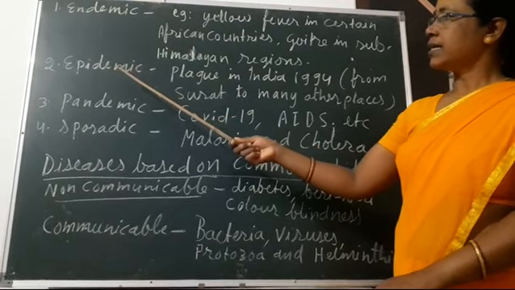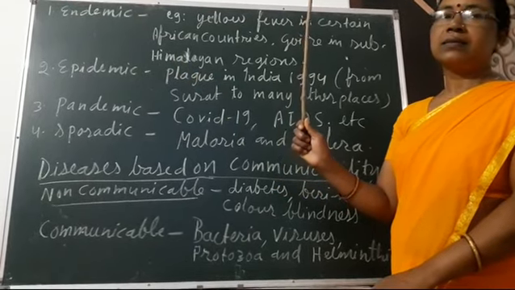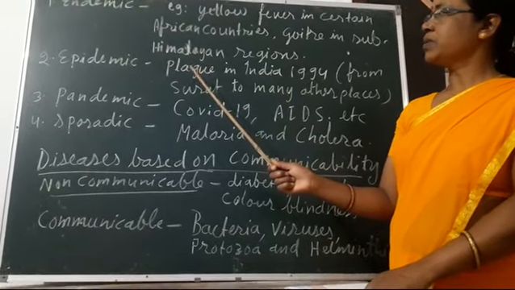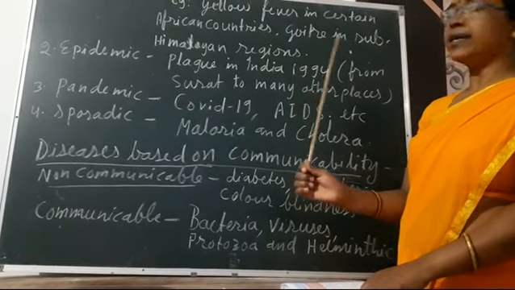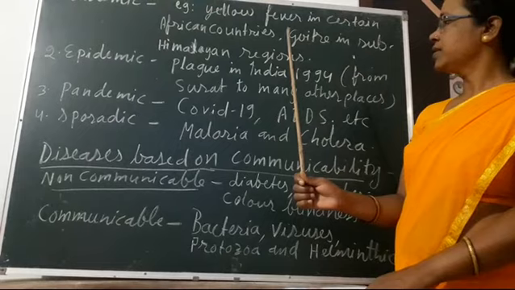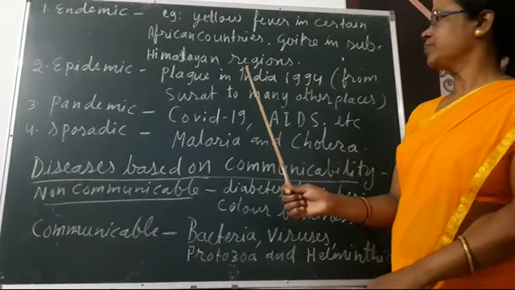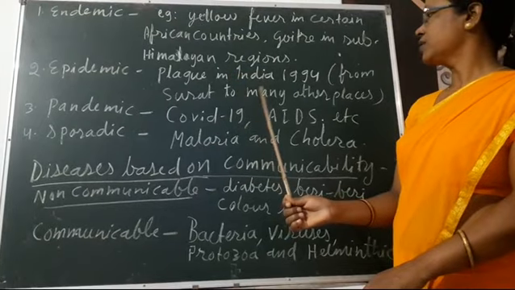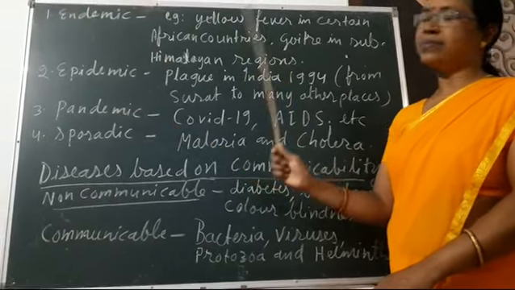Next is epidemic. It attacks a large number of people from place to place, like in India the 1994 plague, which attacked the people from Surat to many other places. Next, pandemic.